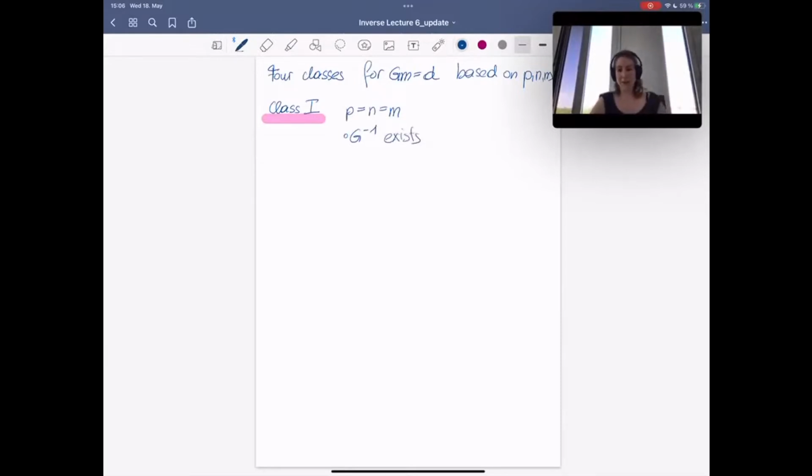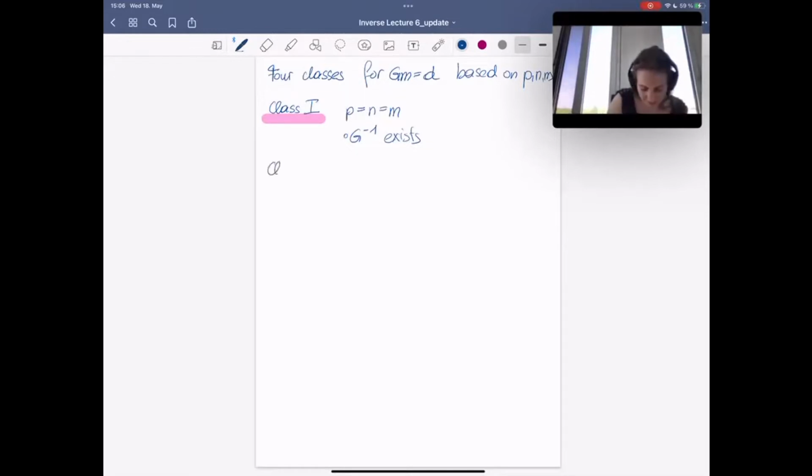The number of non-zero eigenvalues equals the dimension of our square matrix G. We have a unique solution for m, and the data can be fit exactly.